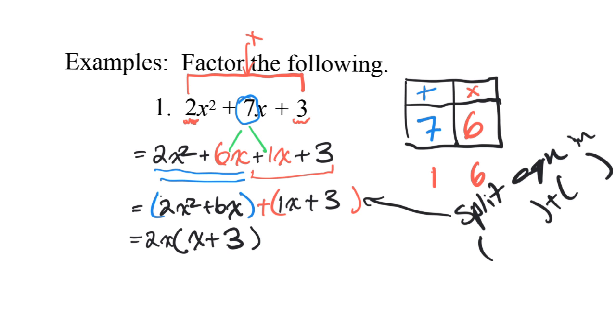And now we still have our plus, and we have our second bracket. The only thing that divides the 1x and the 3 is just a 1, isn't it? So let's pull that out. And then we're left with 1 divided by 1, which we don't need to write, and then we just have x plus 3 again.